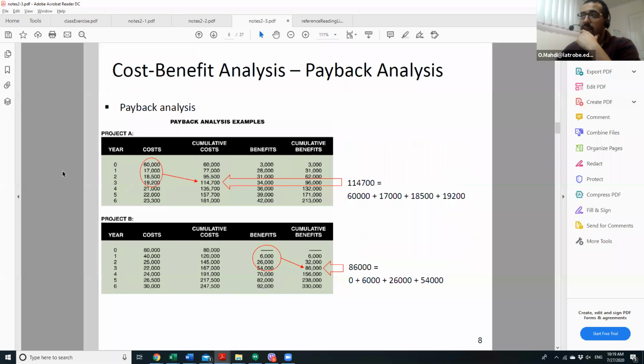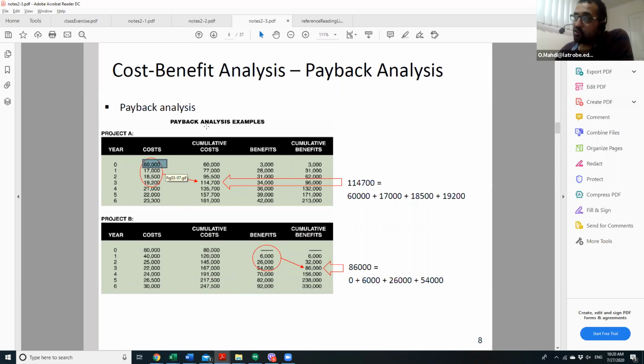Okay, beautiful. Now let's move to the second one. Now, in this part, we are talking about how we can find the cumulative cost, right? It's quite simple. Look here, as we said, the cost of the first year is 60,000.